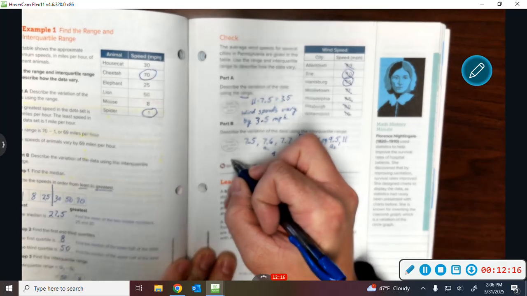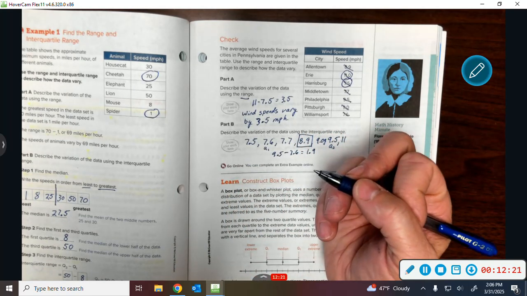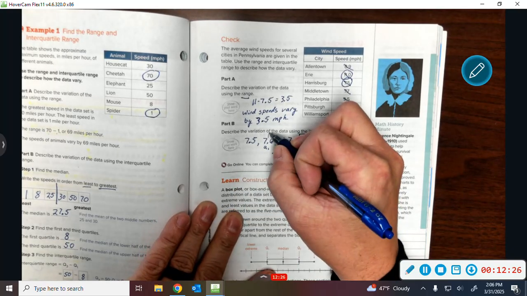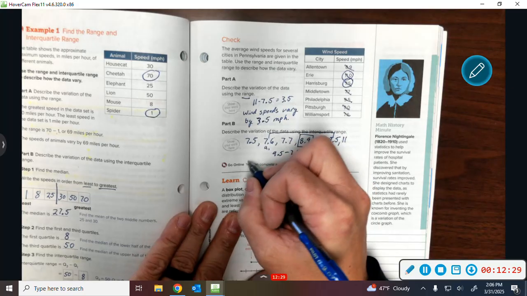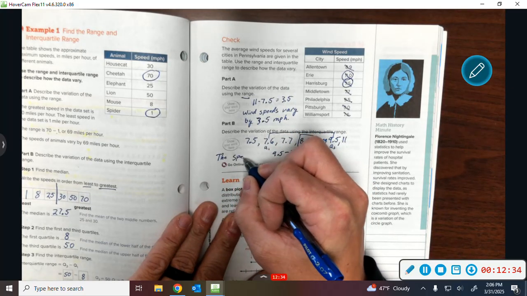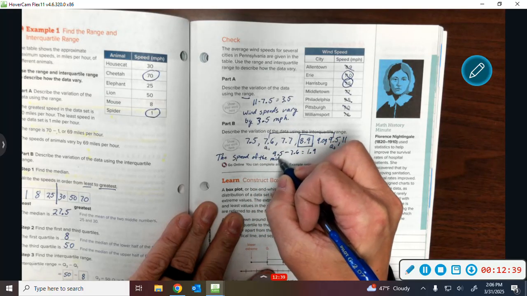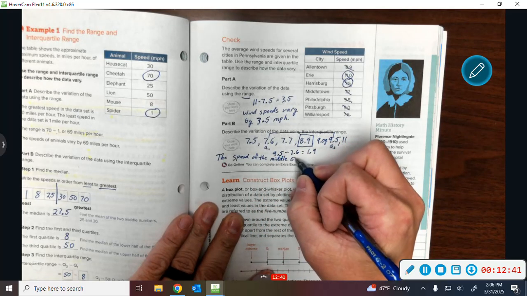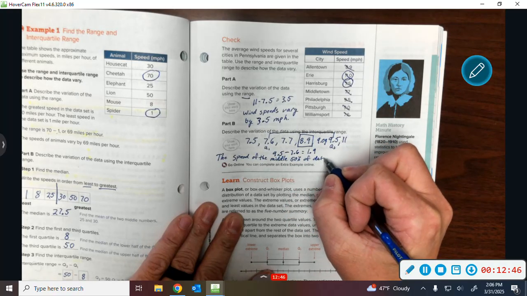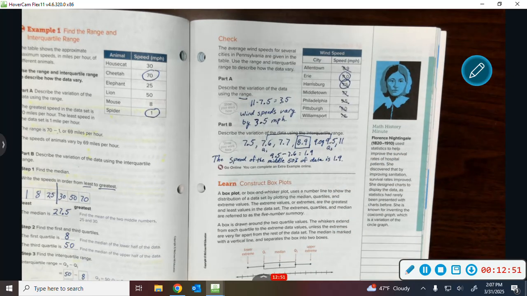So we would say the spread of the middle 50% of the data is 1.9. That is the distance from here to here.